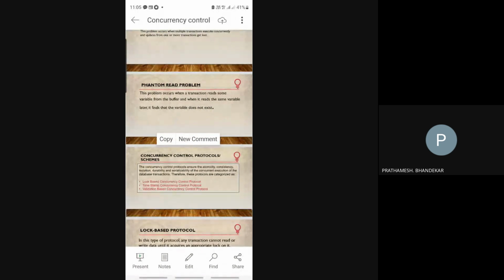What is atomicity? We need to cover the log based protocols, that is why I'm asking.